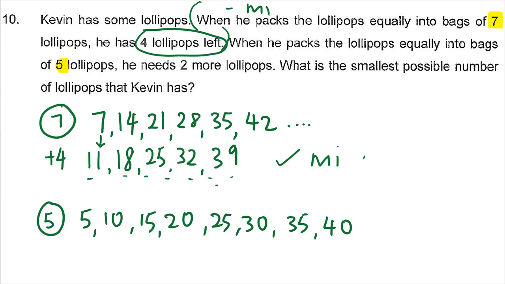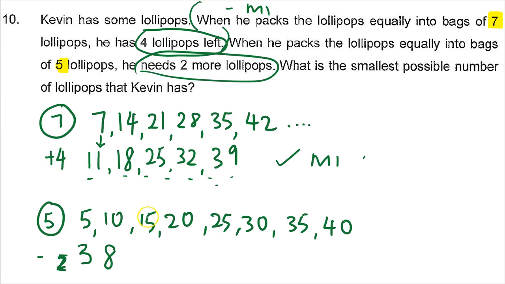So scenario number 2 is now you are short of 2 lollipops. If you pack it by 5, you are short of 2, meaning you only actually have 3. So the numbers here you are supposed to minus away. If you pack it to 10, 5, 5, you have 10, actually your real number is 8 because you're short of 2.